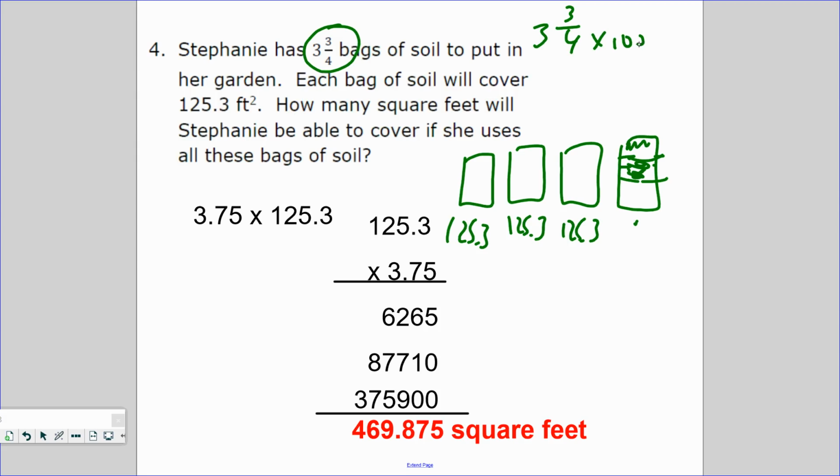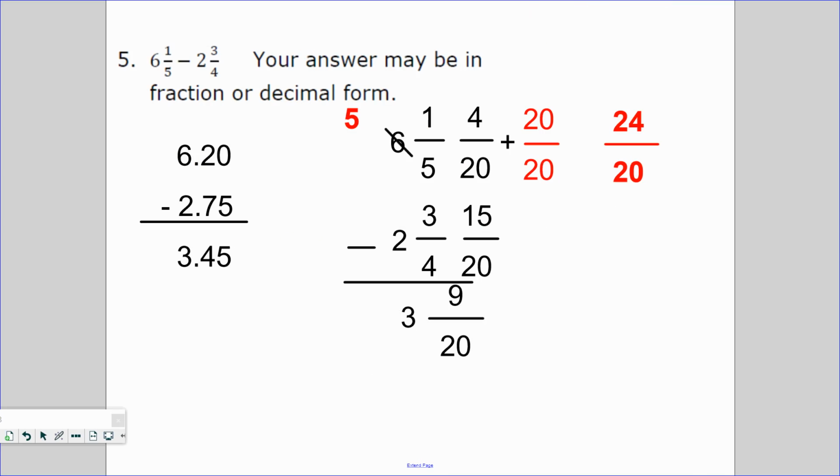Well, if I want to find out the hundredths place, I multiply by 25, and that's 3 75 hundredths times 125 3/10. So if I multiply 125 3/10 times 3 75 hundredths, this is what you would get, 469.875 square feet.